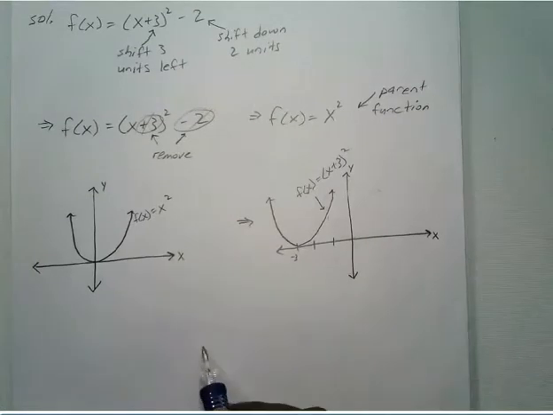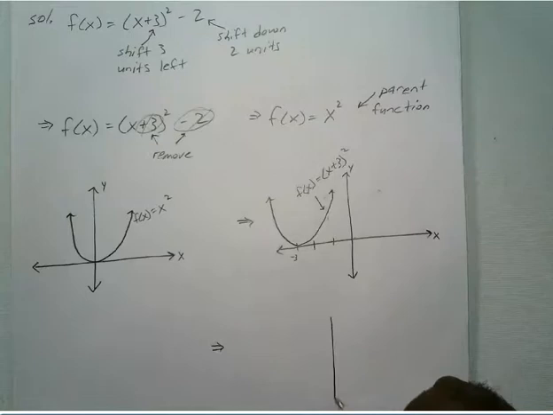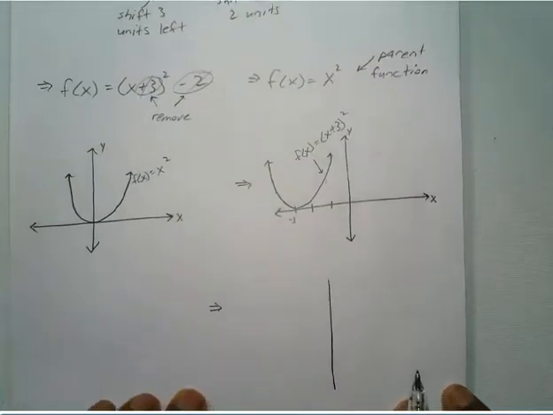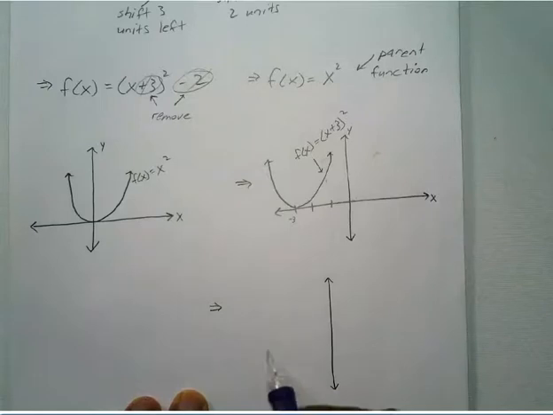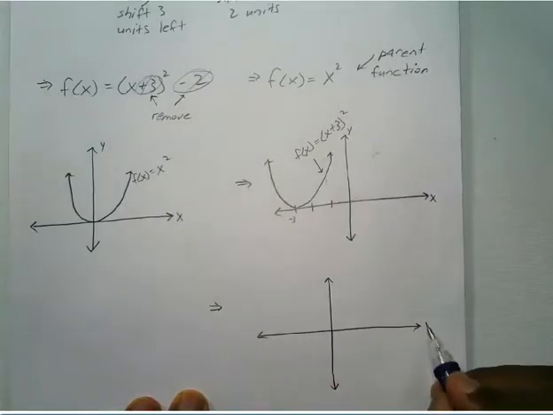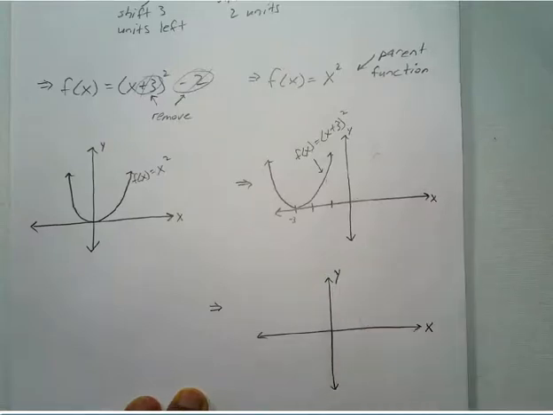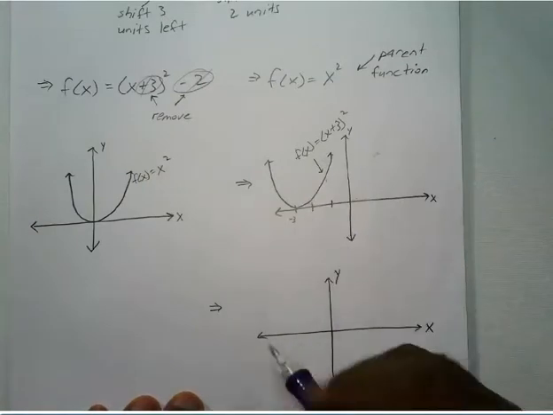So right up underneath there, we draw our x and y axis. We have our x and we have our y. We're going to start with where we left off before.